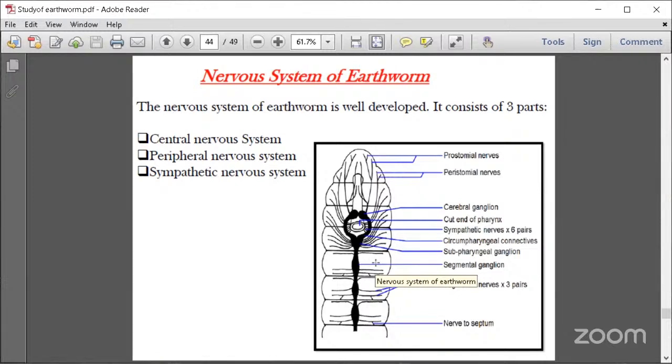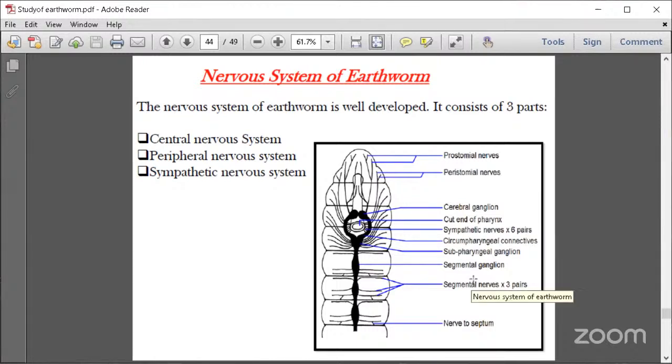The nerve cords are two in number, but they are fused, so called a double ventral nerve cord. It has two swelling bulb-like structures in each segment called segmental ganglia. Here you can see the segmental ganglia.